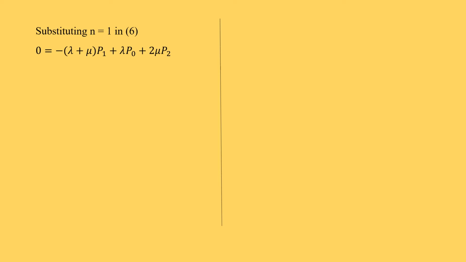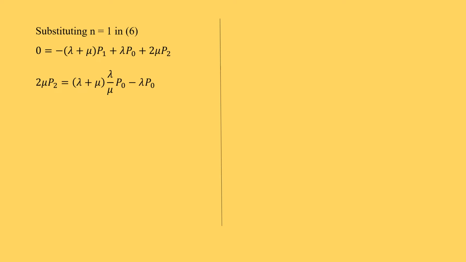I shall keep the term with P2 on one side, transfer the other terms to the other side, and simultaneously substitute the value of P1 in terms of P0, lambda and mu. Hence I get 2 mu P2 equal to lambda plus mu into lambda by mu times P0 minus lambda P0.